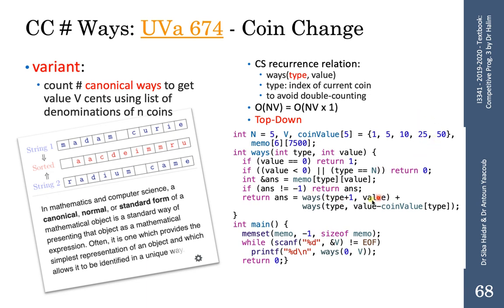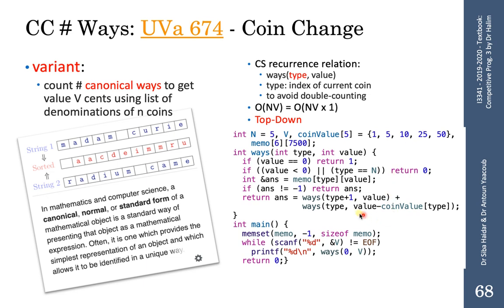So what is the remaining value to be represented for the next type? It is the value itself, the same value. So this is the number of ways. I count them and I add to them the number of ways that I can have if I decided to take one piece of this value.